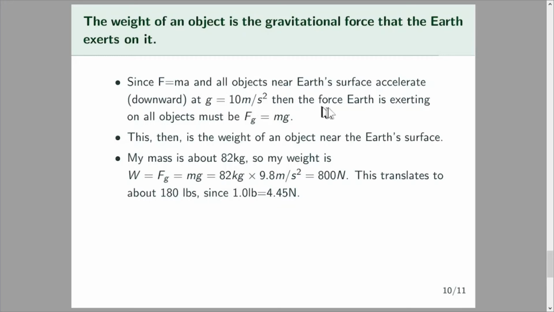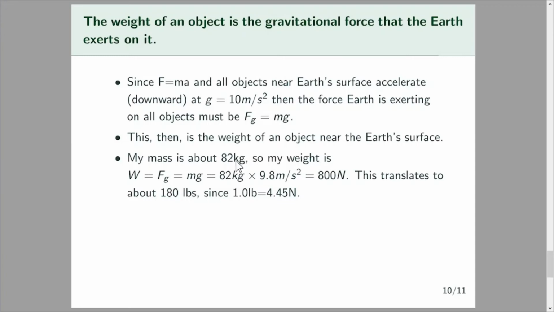Then the force the Earth exerts on objects must be mass times g, right? When I jumped off that table, my acceleration, like every other object, was 10 meters per second squared. Since my net force is the force of gravity, the force of gravity must just be my mass times g, 10 meters per second squared. This then is the weight of the object near the Earth's surface.